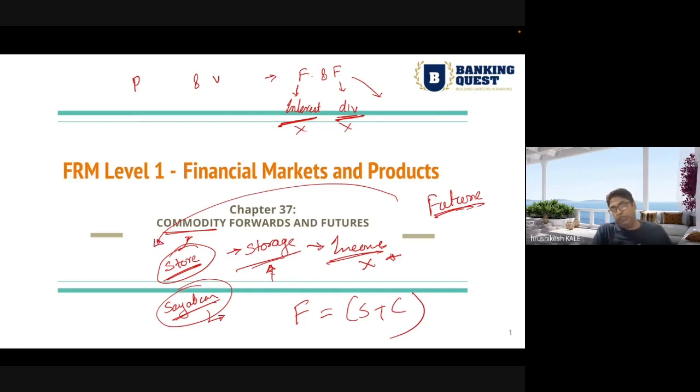And that's the only difference between commodity forward and futures and stock forward and futures. So let's see the commodity forward and future. And as soon as this chapter ends, we will stop for the day.